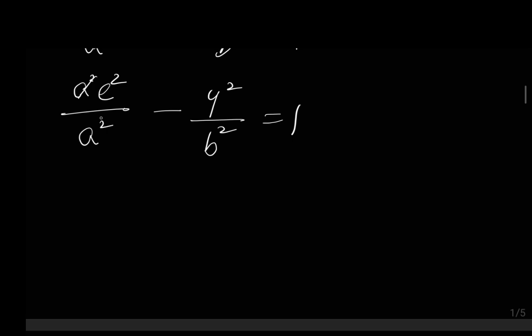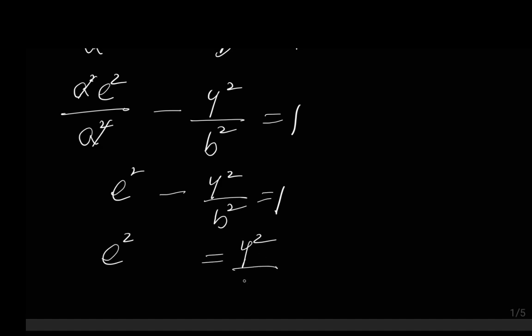A squared gets cancelled. So e squared minus y squared by b squared is equal to 1. Take y square by b square to the other side, so it becomes plus, and bring this 1 to the left side, so minus 1.